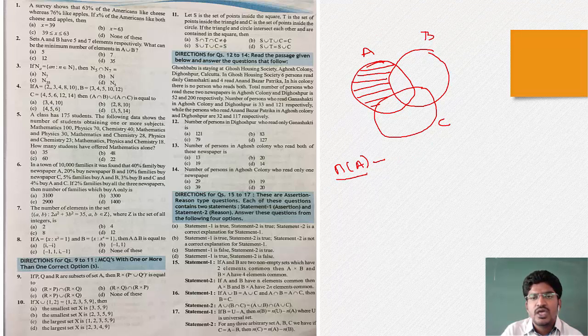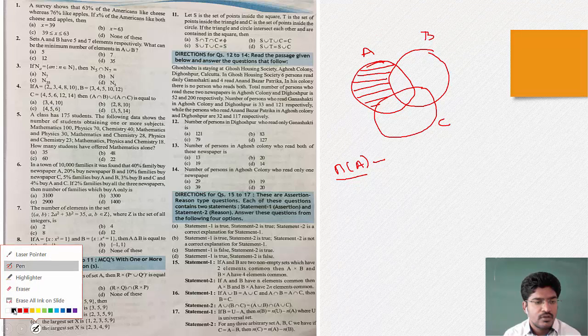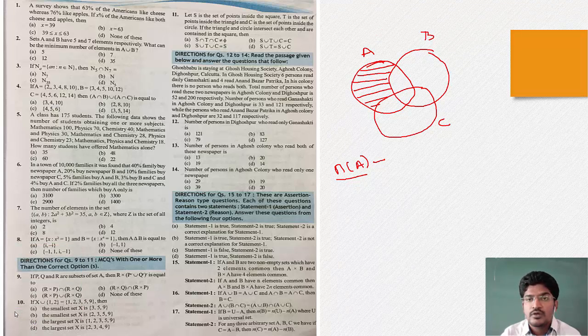See, from n of A, you have to subtract this particular term. What is this thing? You see the Venn diagram, it will be very much clear.